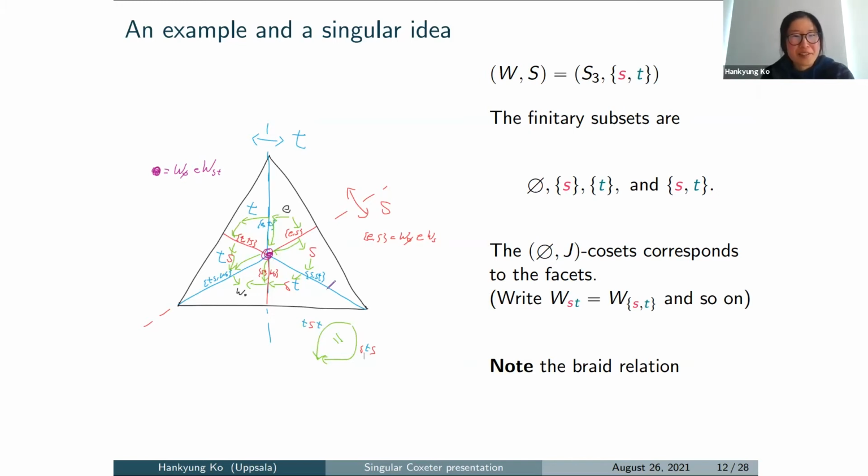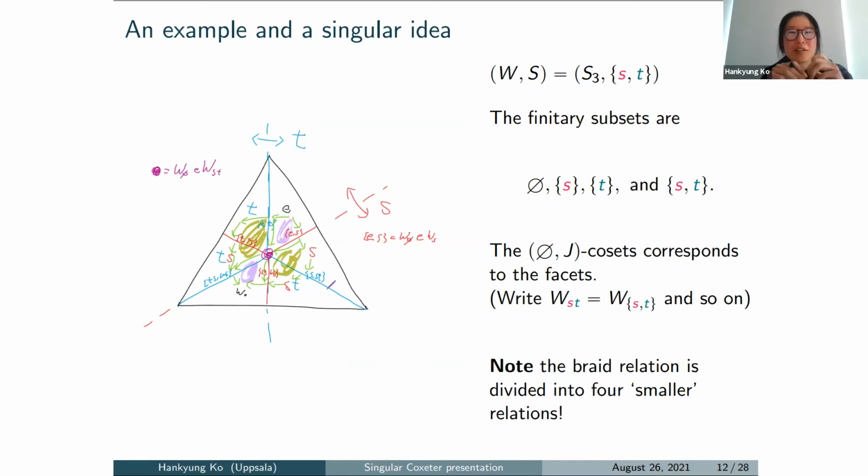So to repeat, this was the braid relation, and now it is divided into 4 more local relations. And this is the idea for the singular presentation.